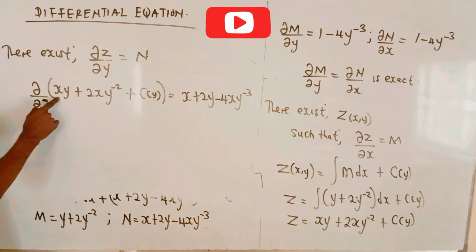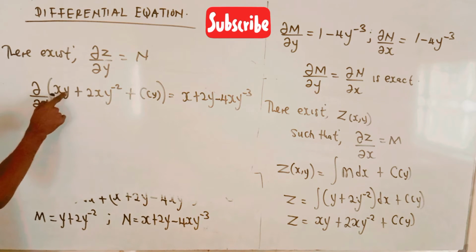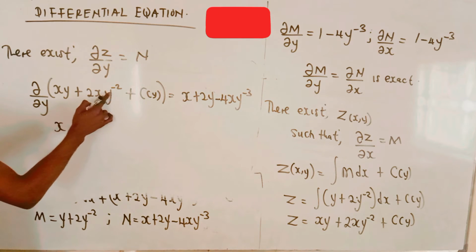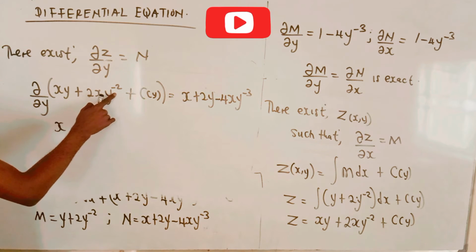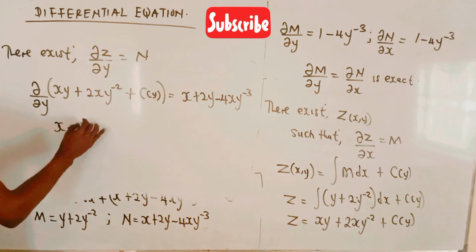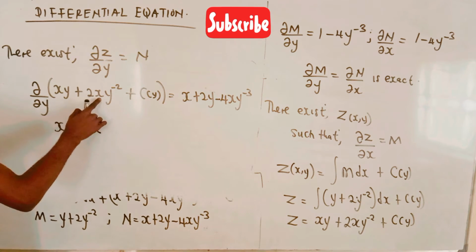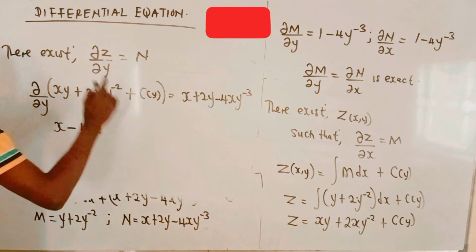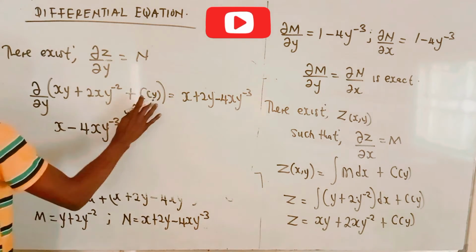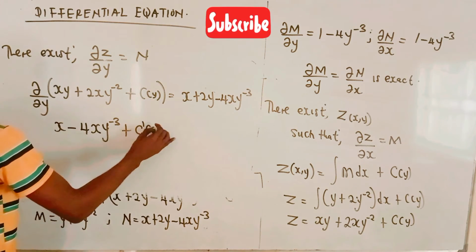Okay, so differentiating this with respect to y, differentiating y here is 1, we have x left here. Differentiating the next term with respect to y, minus 2 multiplied gives me minus 4, x is constant, then removing 1 from the power of y, we have minus 3, plus differentiating c of y, c prime of y.